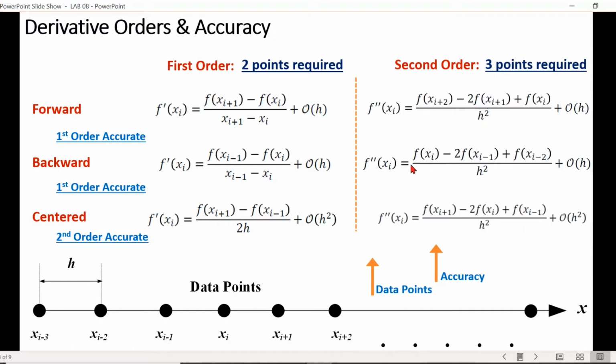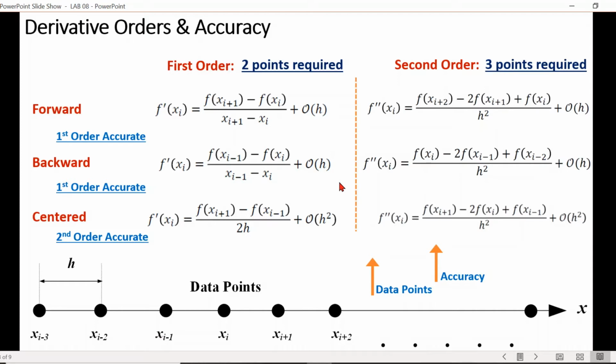Similarly, for backward scheme, we require 2 consecutive points behind this xi. And for a center difference, we see that this xi point, where we want to evaluate the second order derivative, lies in between I plus 1 and I minus 1.